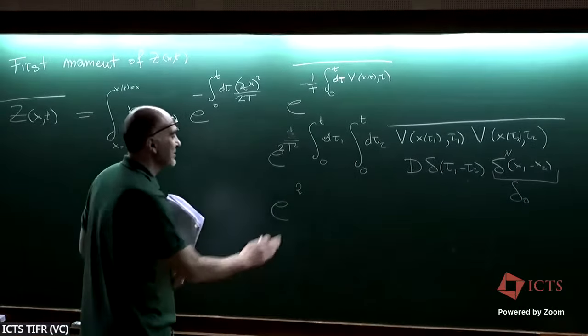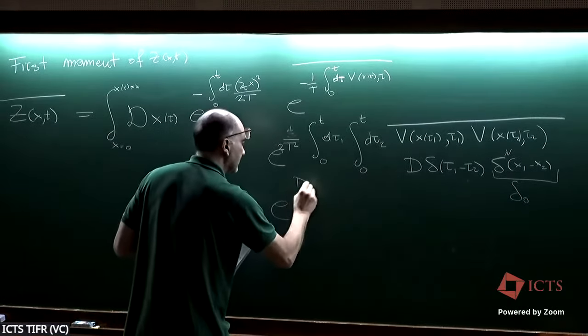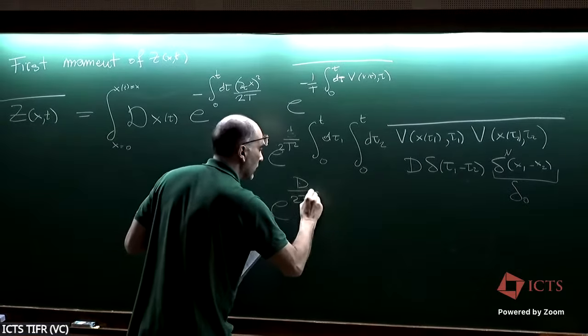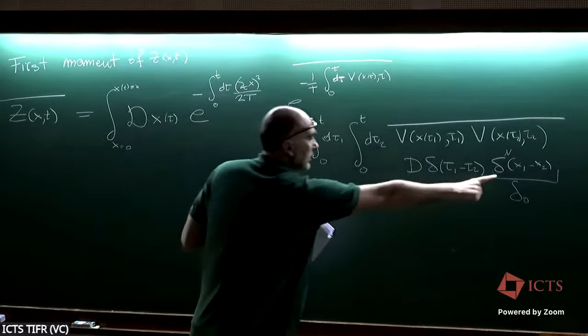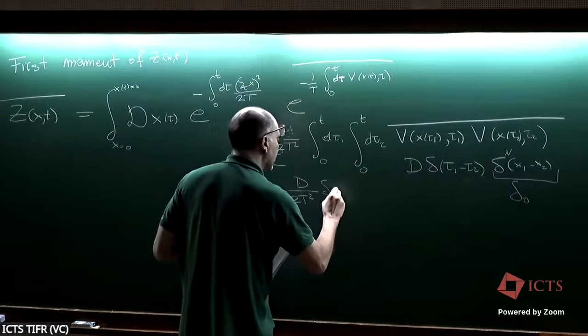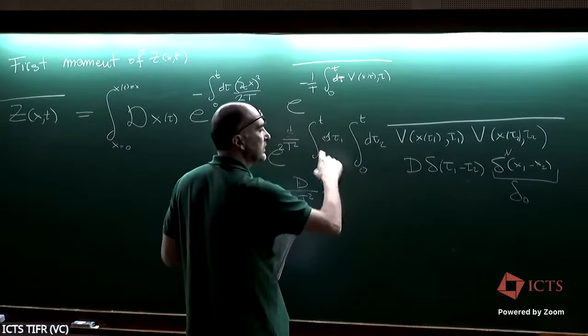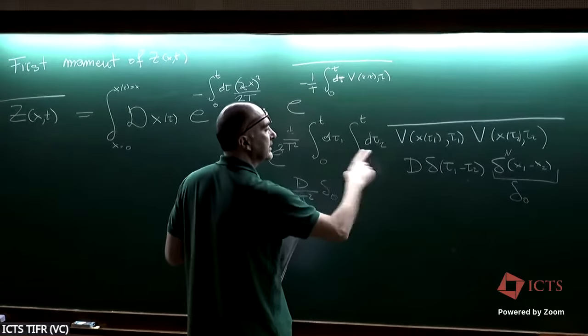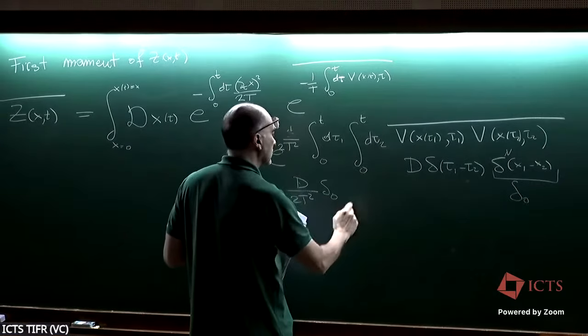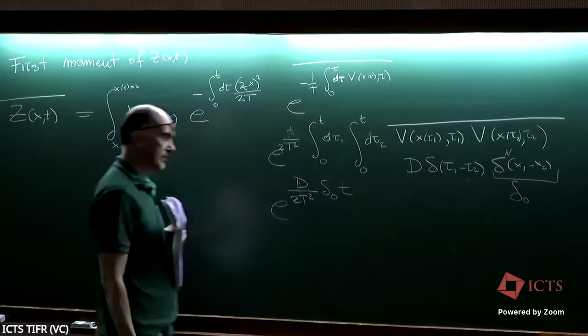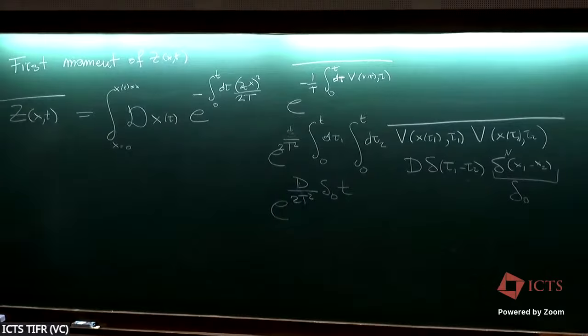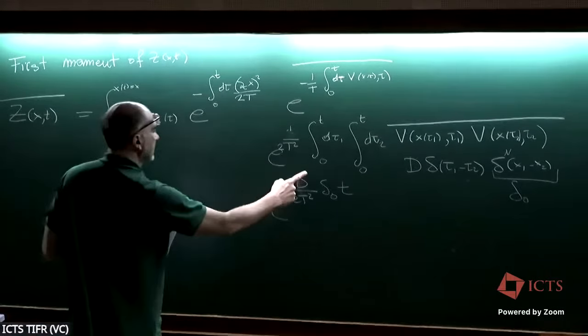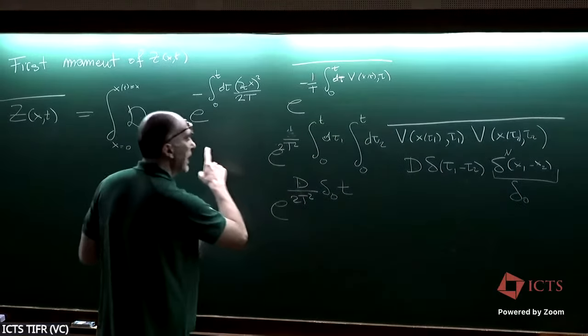Okay, so we have delta over 2, times t squared. Then we have delta 0. And then we have to do this integral. There is a double integral in time. There is one delta function, so this integral is t. Okay? And so now this is independent of the path.